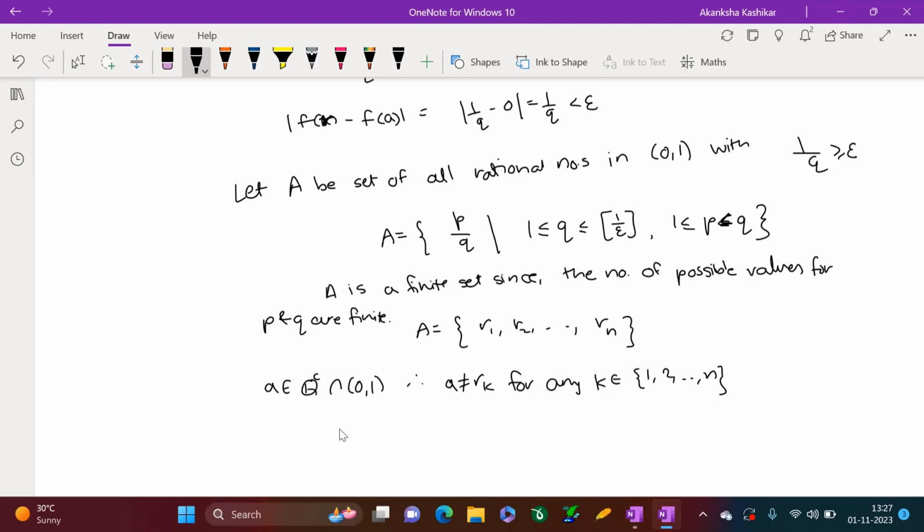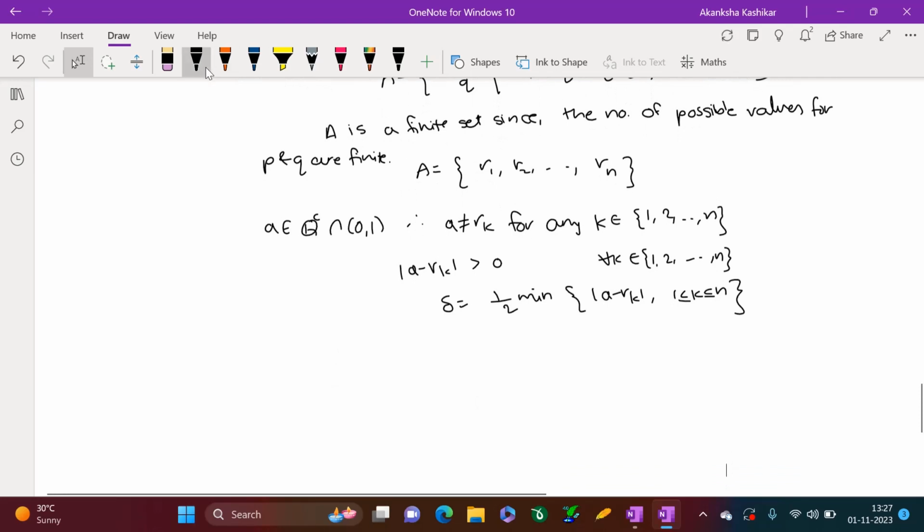As a result, mod of a minus rk is greater than 0 for every k in this range. Now choose delta as half of the minimum of mod of a minus rk, because we want all those rationals to be outside, for 1 less than or equal to k less than or equal to n.